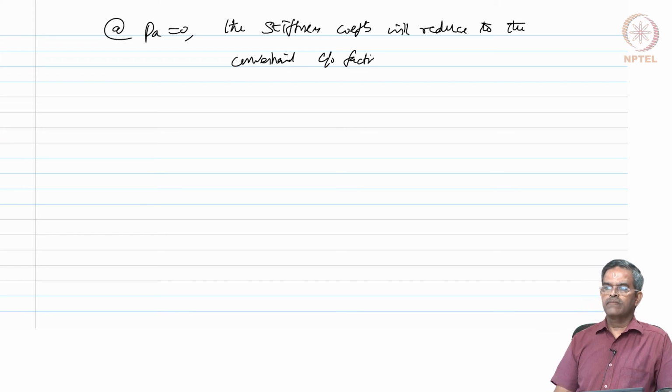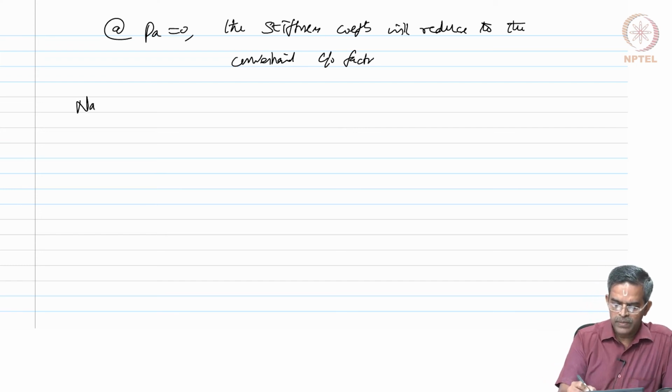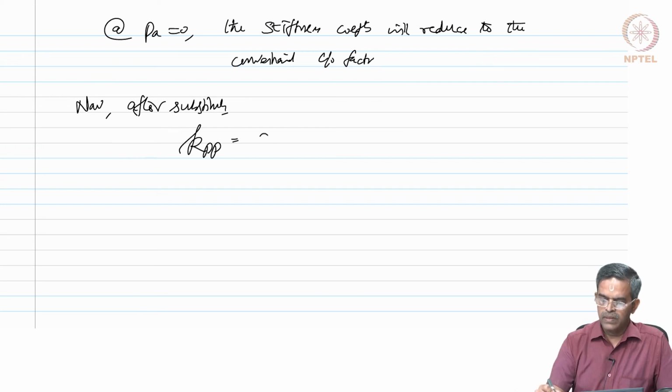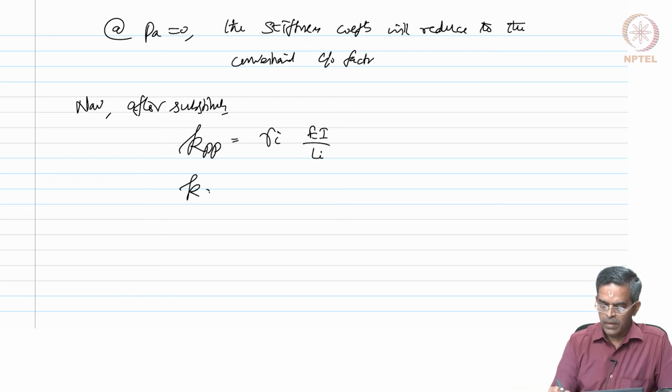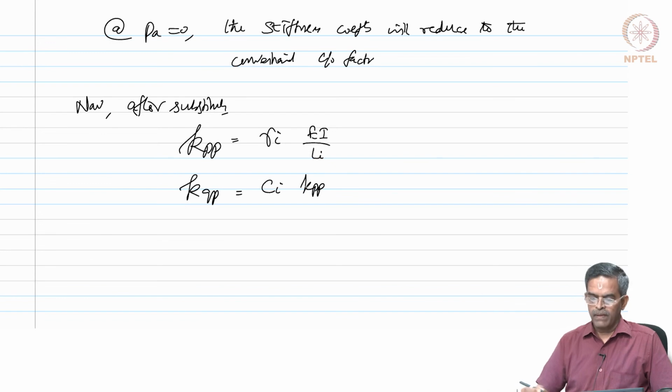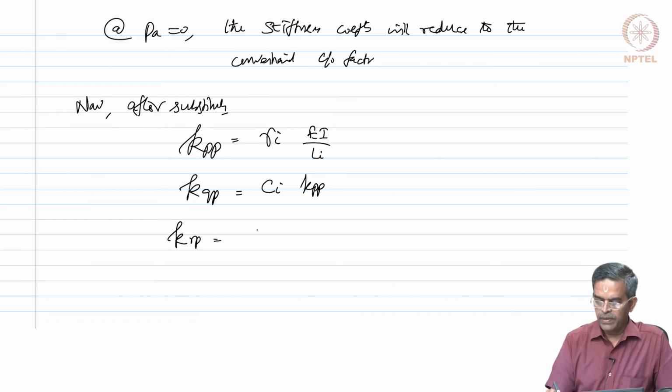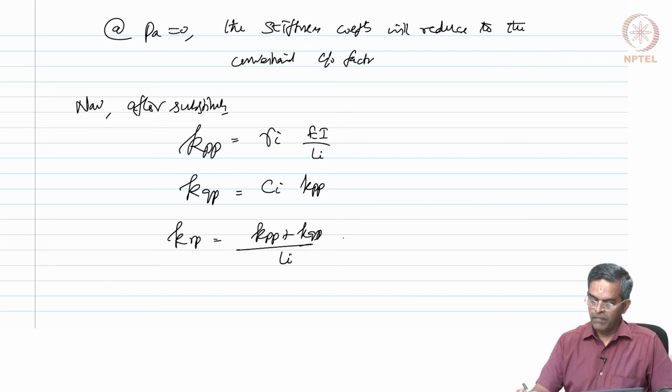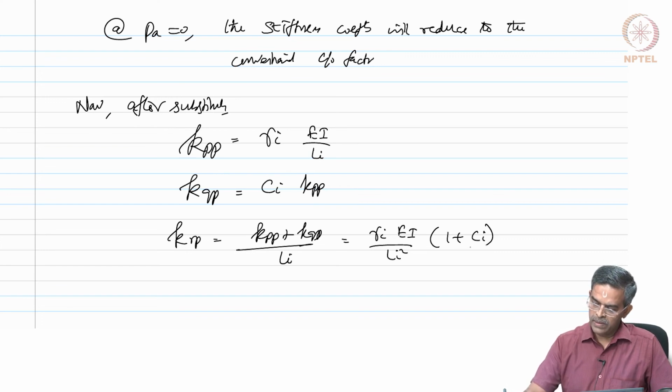So, we can substitute back and now write after substitution: Kpp is Ri times Ei by Li, Kqp is Ci times Kpp, Krp is Kpp plus Kqp by Li, which becomes Ri Ei by Li square of 1 plus Ci.